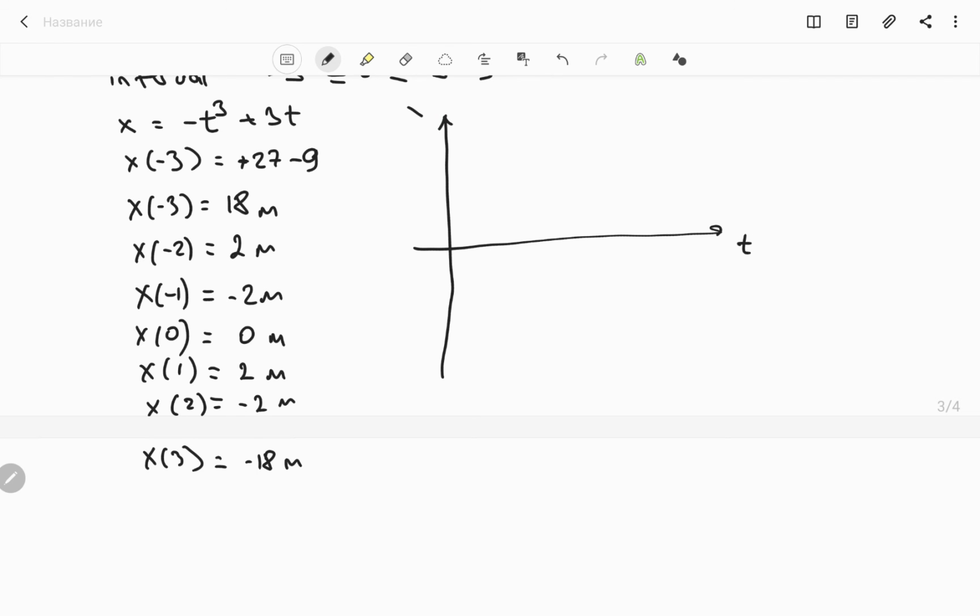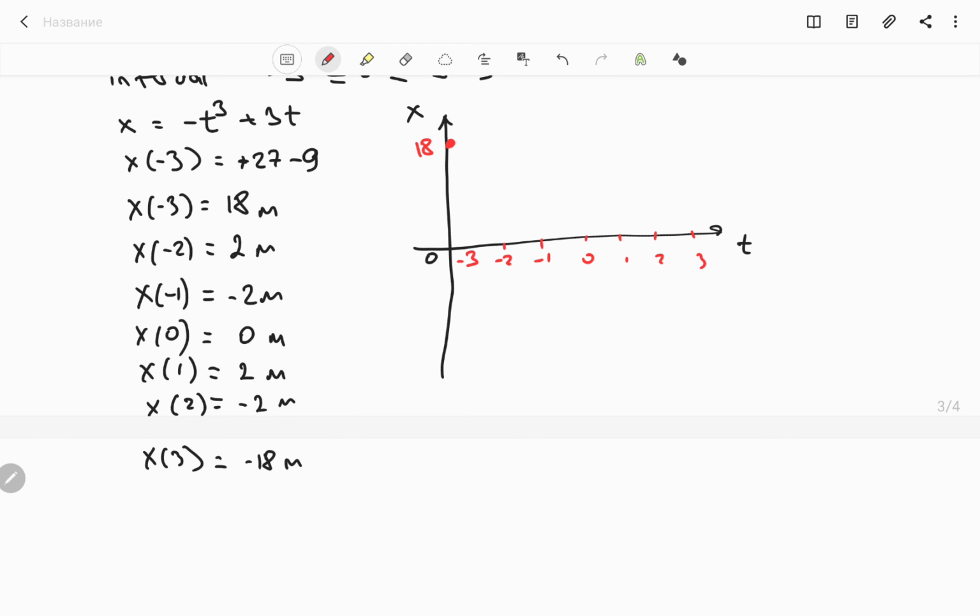Time, position, here we have a 0. So here we have 0 meter and minus 3. Here negative 2, negative 1, 0, 1, 2, 3. At minus 3 time, position was positive 18. Let's say here we have 18.